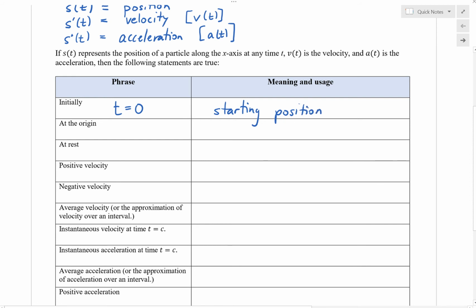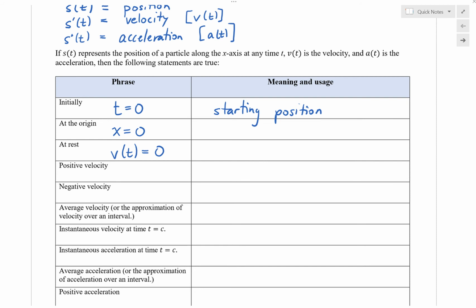At the origin means that x is equal to 0. When we refer to the particle being at rest, that means that v of t is equal to 0. So the particle is at rest when the velocity equals 0.